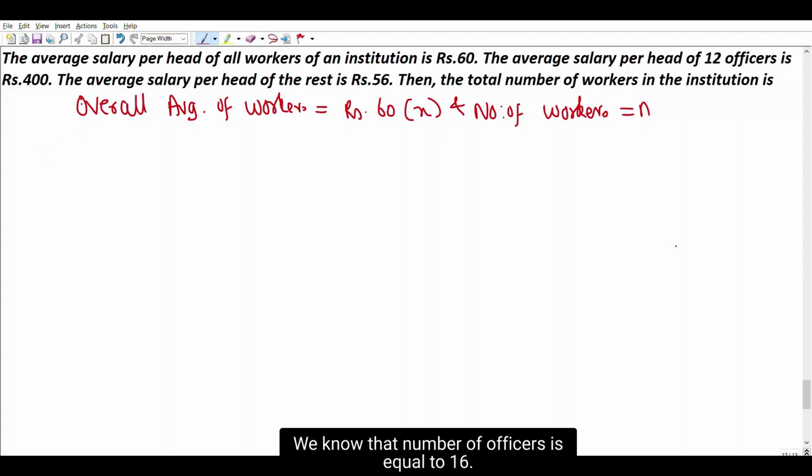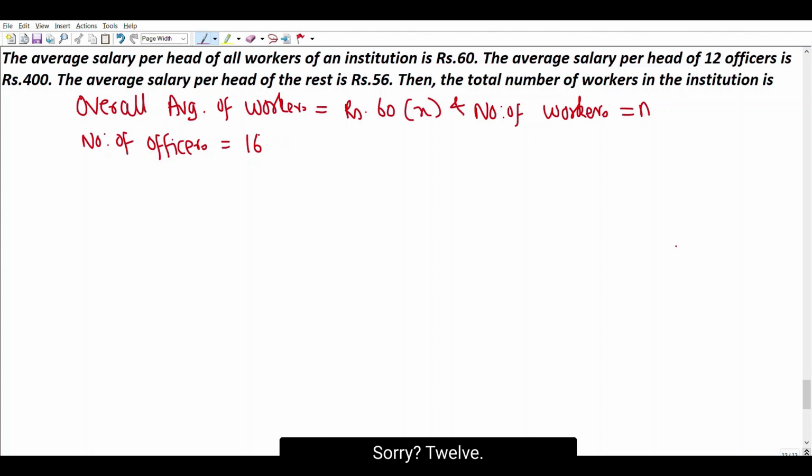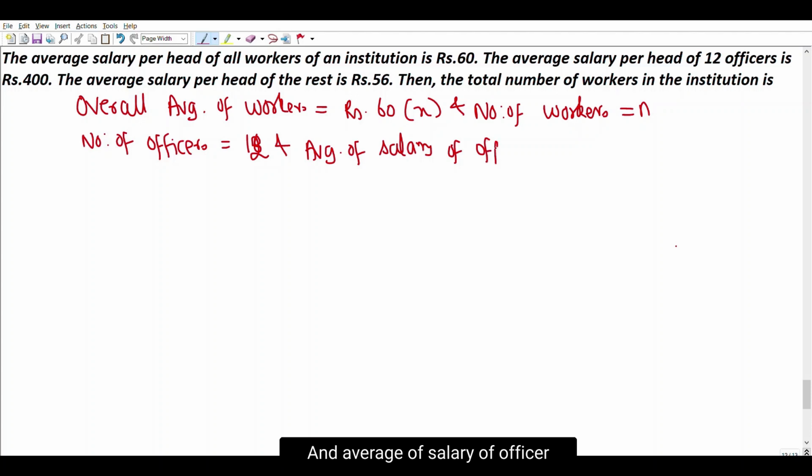We know that the number of officers is equal to 12, and the average salary of an officer is equal to rupees 400.